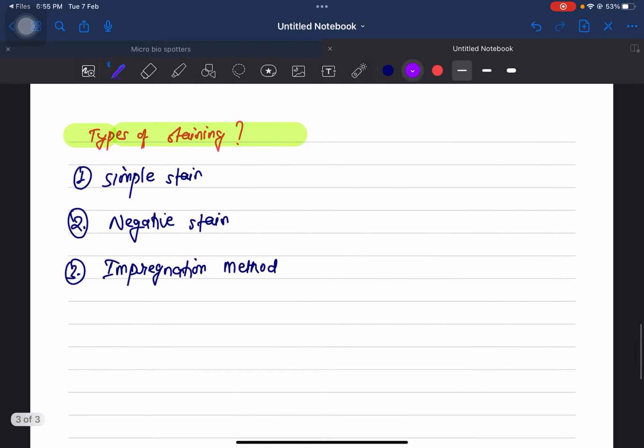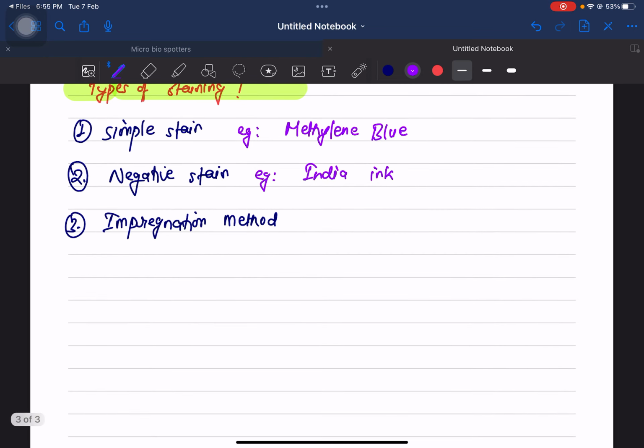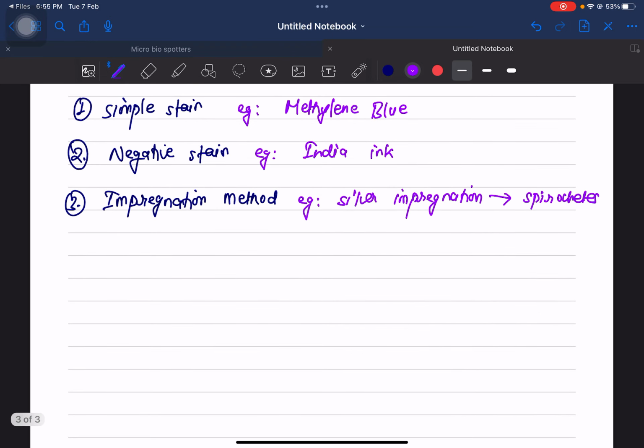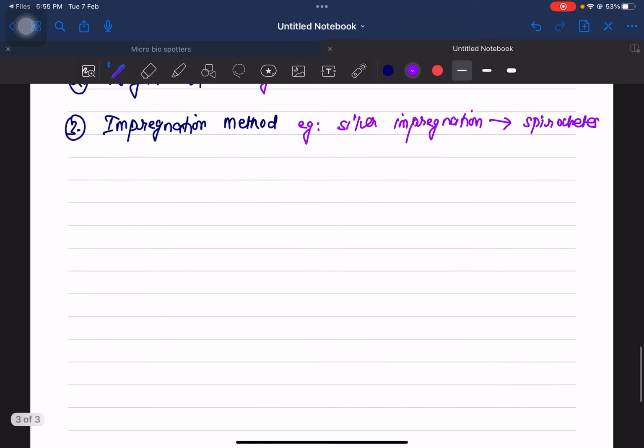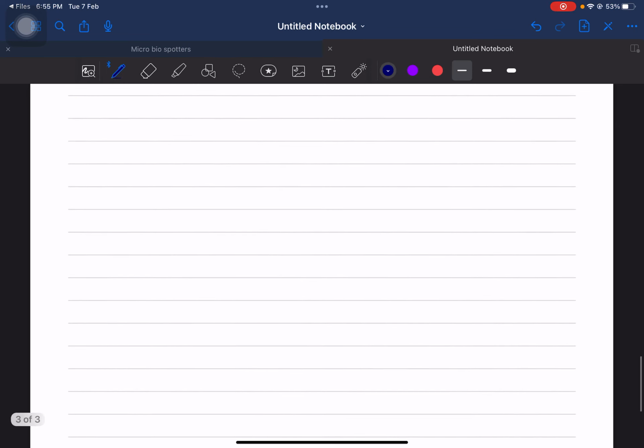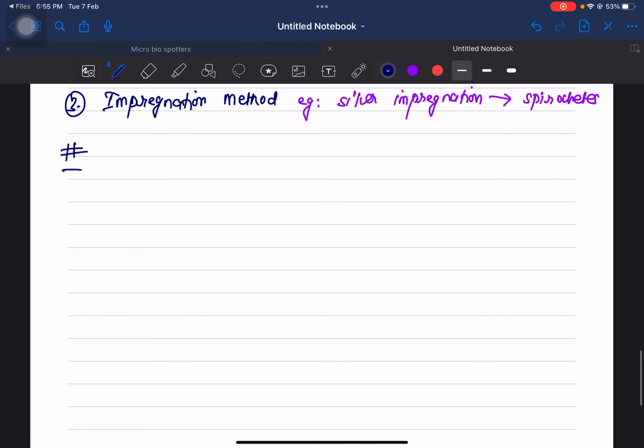The simple stain example is methylene blue, while that of negative stain is India ink. About the impregnation method, it is silver staining, the silver impregnation method. It is usually used for spirochetes. Okay. Similarly, if you answer properly, then the teacher might ask about the modification of gram stain.